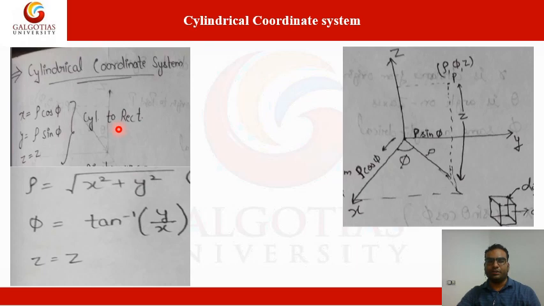Here you can say from cylindrical to rectangular, because x, y, z are the coordinates of rectangular, and rho, phi, z are the coordinates of cylindrical.